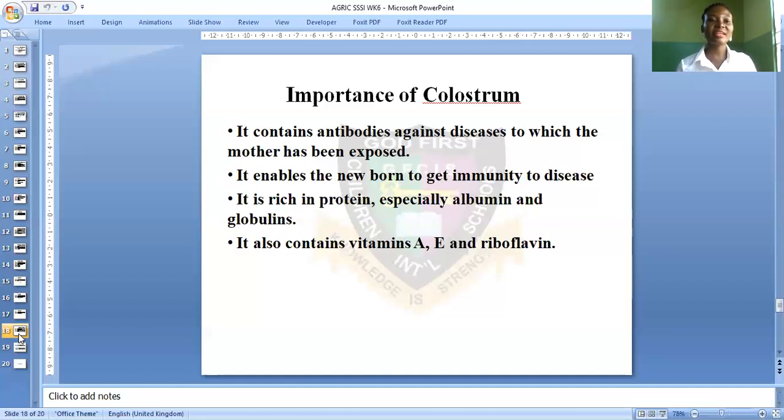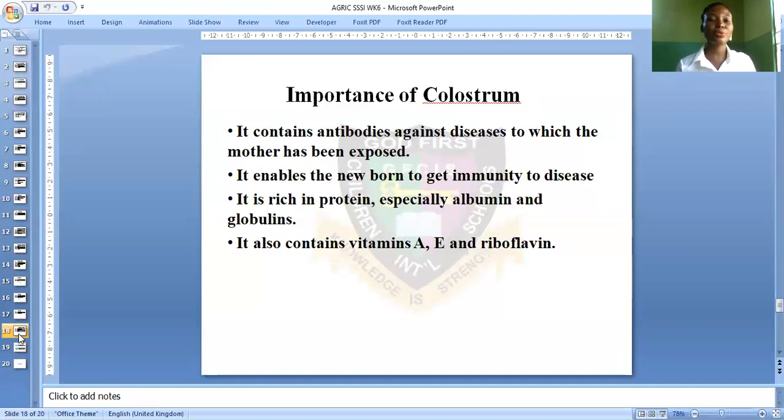We also discussed the oestrous cycle, the interval between the end of one heat period to the beginning of another. We discussed the heat period, and the signs of heat period.